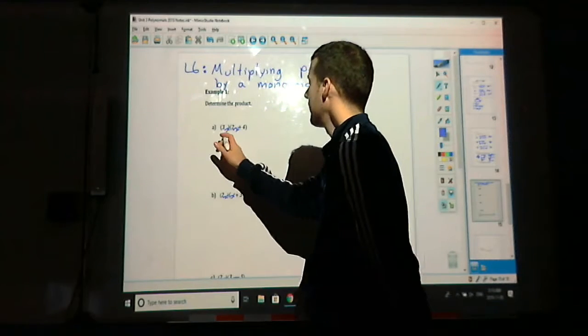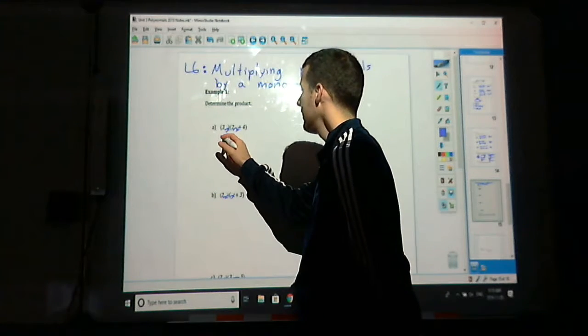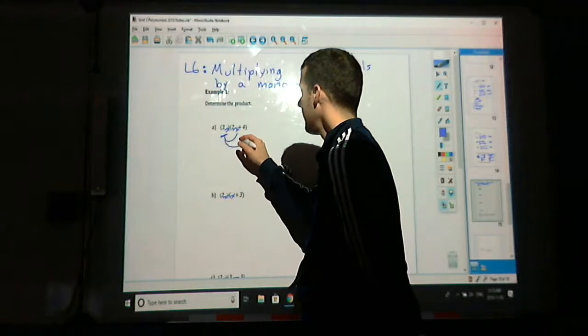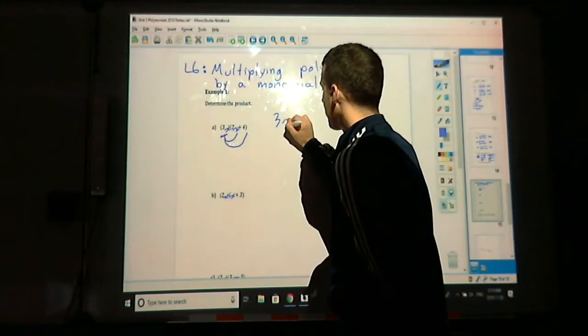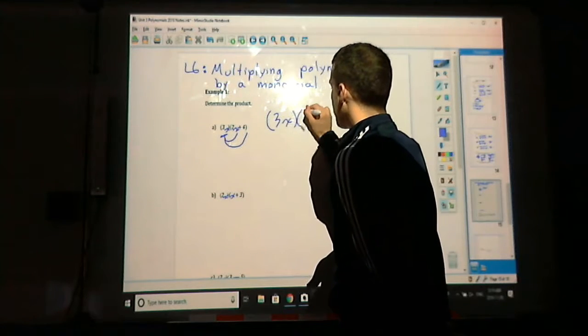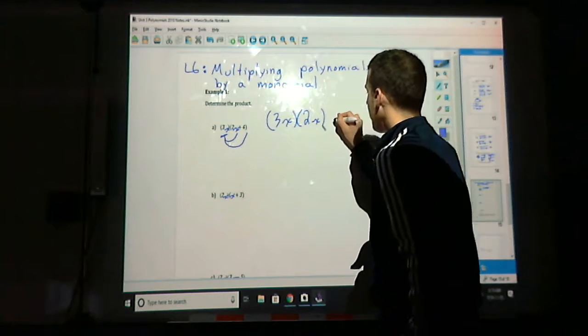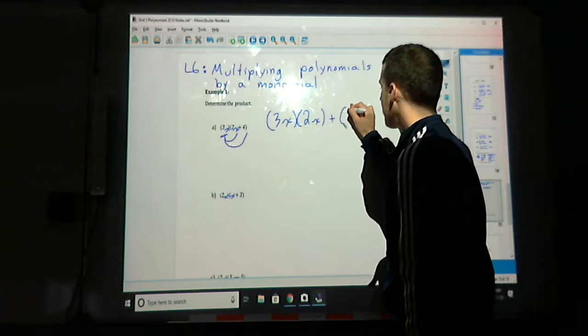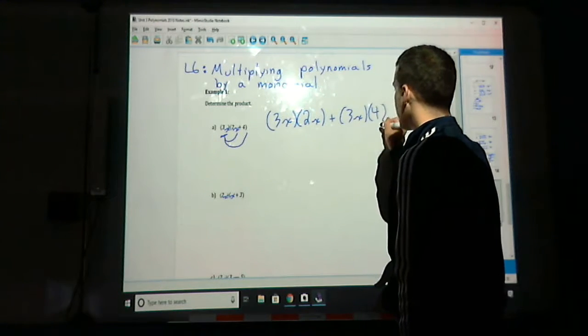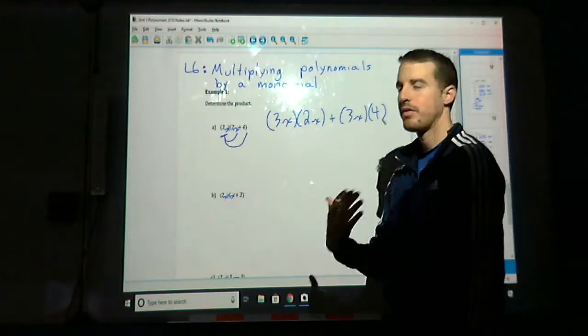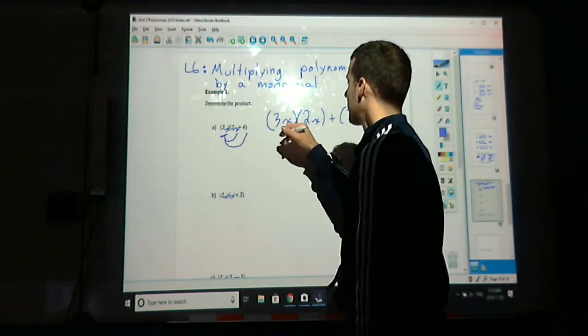So what we're going to do is take our monomial and multiply that to each of the terms within the bracket. So here we would end up with 3x times 2x, and we're going to add 3x times 4. Same thing, we start by multiplying our coefficients.